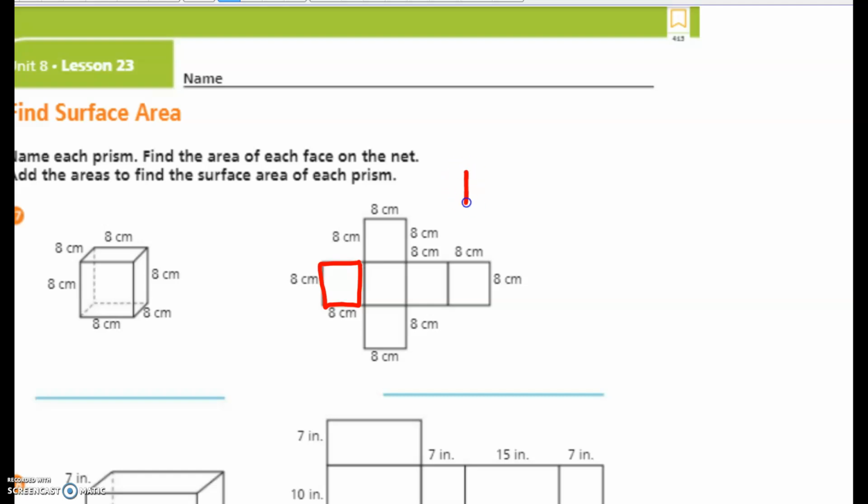And you remember that it's length times width to find the area of that, or in the case of a square, it's side times side. So 8 times 8, 64. And I like to write the numbers down inside there. So you know all of these are going to be 64 because they're all identical in size.